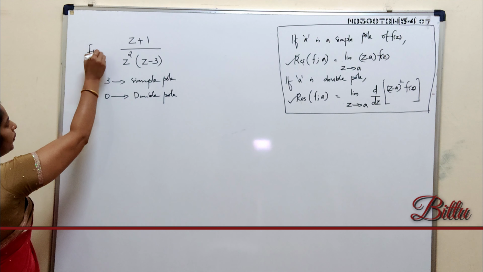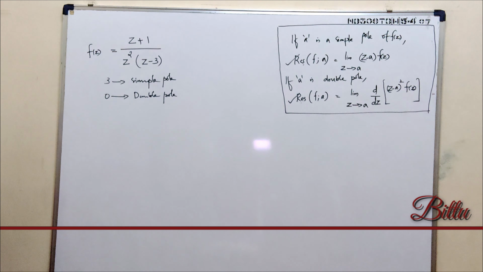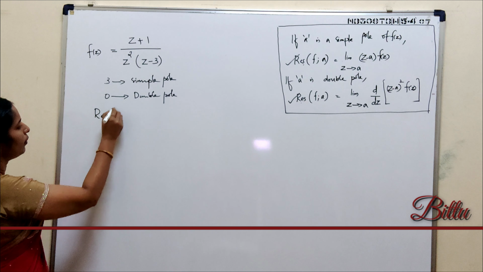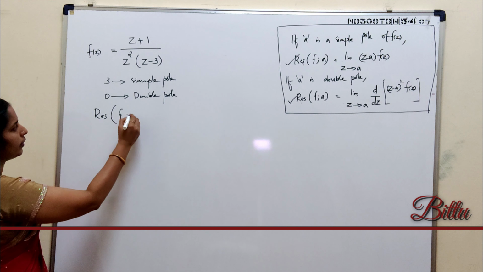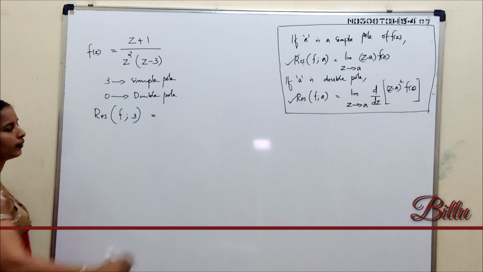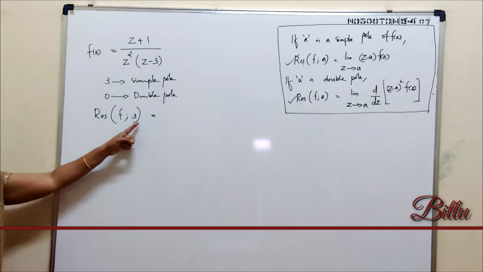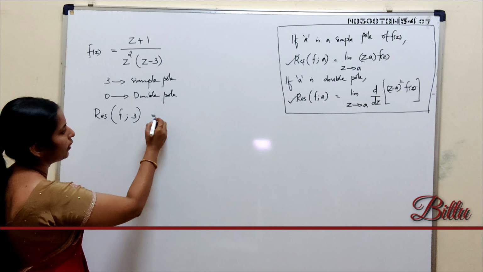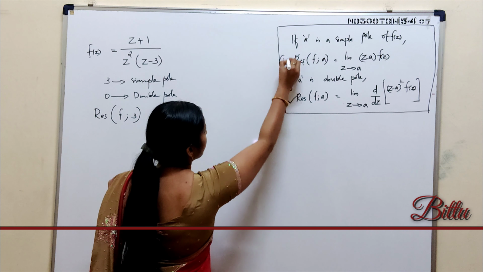Let f(z) equal (z plus 1) by z square into (z minus 3). Let me calculate the residue of f at 3, denoted by residue of f at 3. Since it is simple, its equation is the first equation.